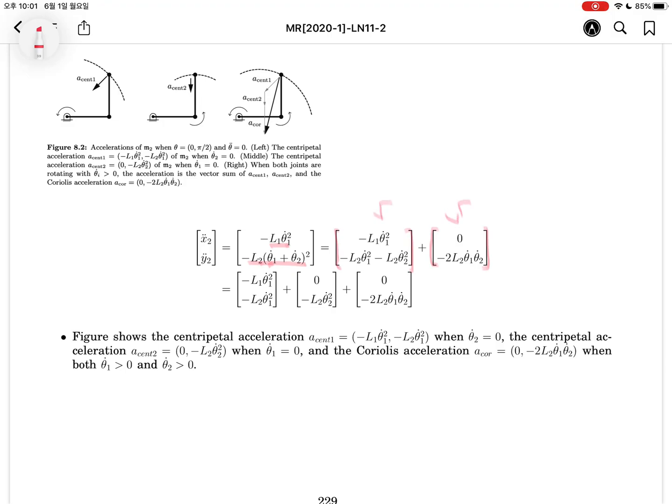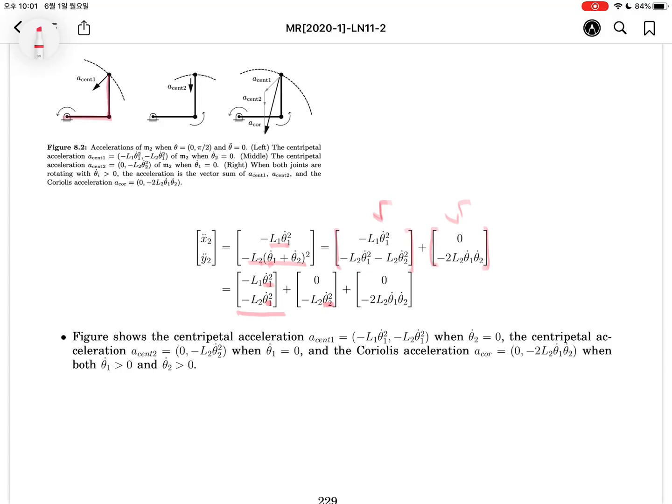This is the centripetal term, and this is the Coriolis term. The centripetal term can be decomposed according to theta 1 dot and theta 2 dot. So theta 1 dot is here, and theta 2 dot is here. The first vector is related to the centripetal term of theta 1 dot.